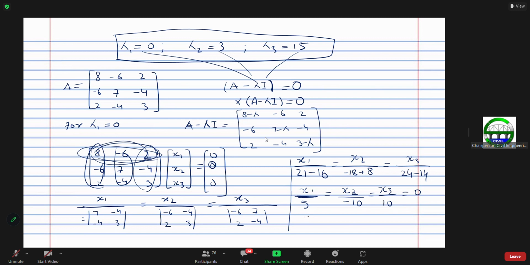So we can say x1 over 1 is equal to x2 over, just check this one, this one was minus 6, okay, so this one was minus 2, and x3 over 2.